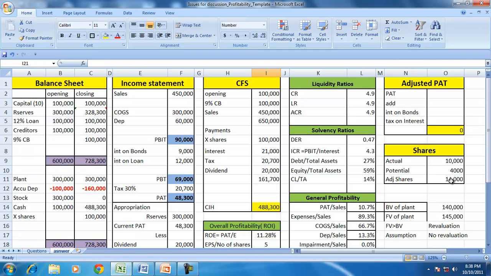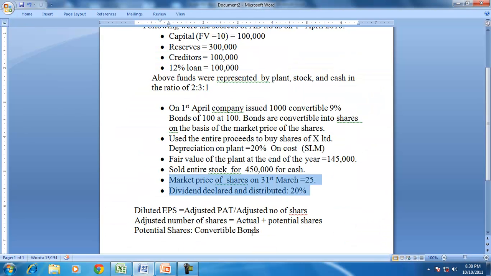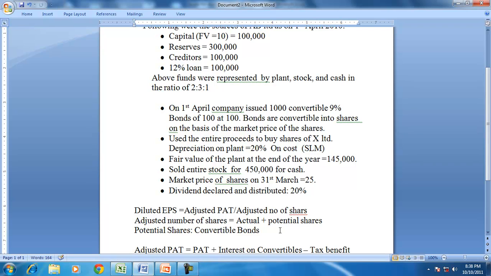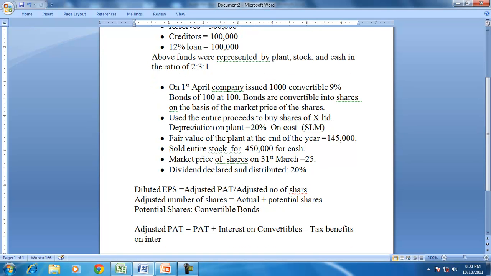But before we calculate diluted EPS, we have to calculate adjusted PAT. Adjusted PAT is equal to PAT plus interest on convertibles, because that will no more be interest when the bonds are converted, minus the tax benefits on the interest on the convertible.